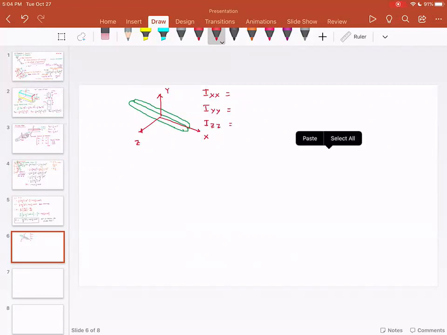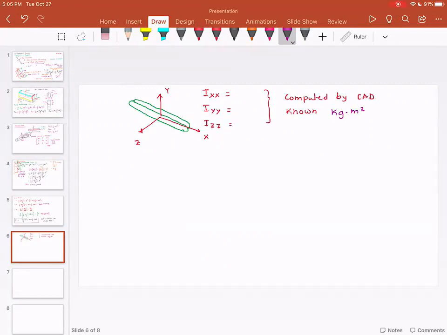These are given to us or computed by CAD software, or for the sake of discussion, they are known. The units are kilogram meter square. So Ixx, Iyy, and Izz are given to us.